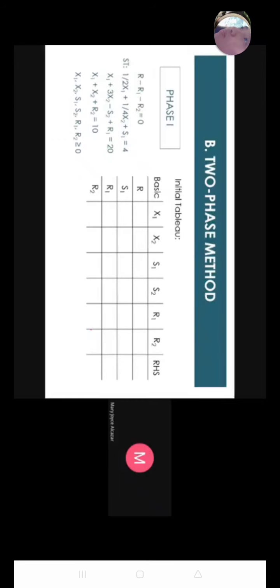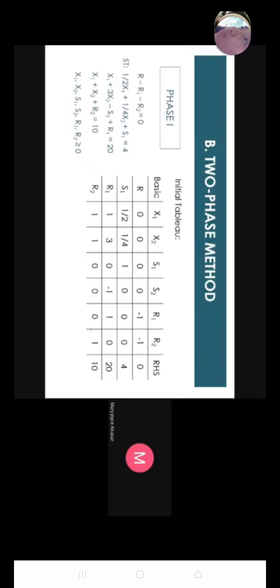So you just plot all those values. For the R row, R1 has a coefficient of -1 and also R2, and the RHS is 0. And then the rest is the same as what we did in the Big M technique. So for S1, we got those values for R1 and for R2.